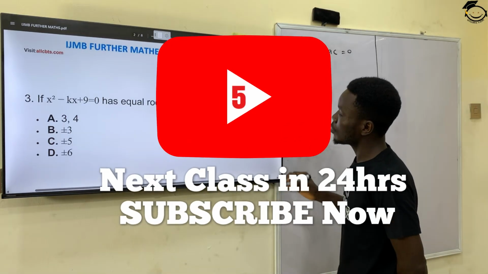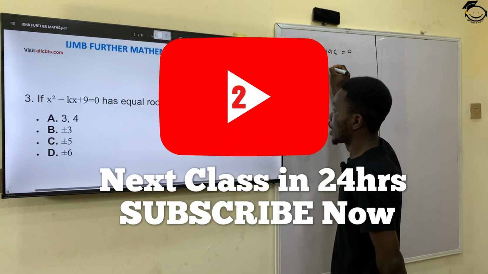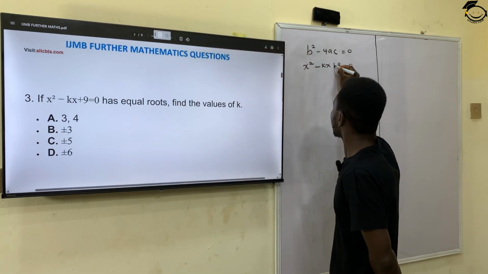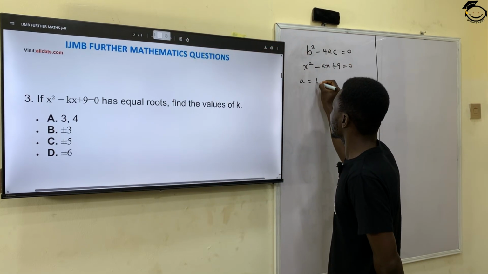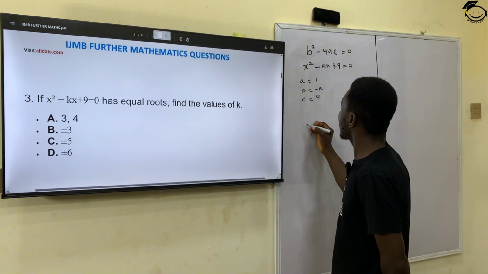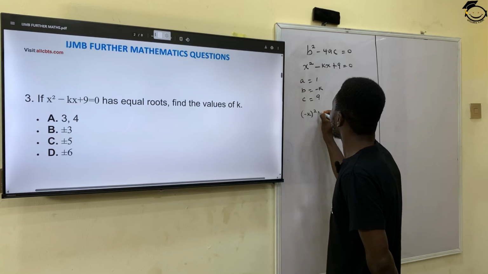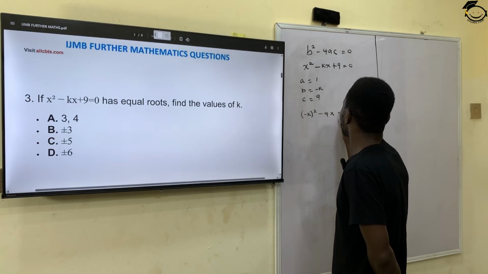So if this is what we have, and we have our quadratic equation which says x squared minus kx plus 9 is equal to 0, it means that my a here is 1, my b is minus k, and my c is 9. So if I input this, this simply means that I have minus k squared minus 4 times 1 times 9 is equal to 0.